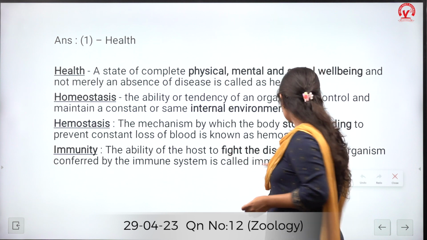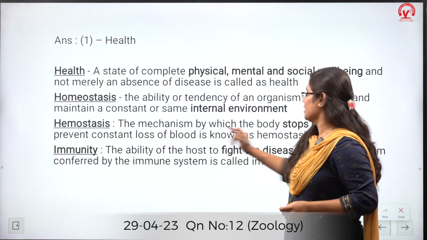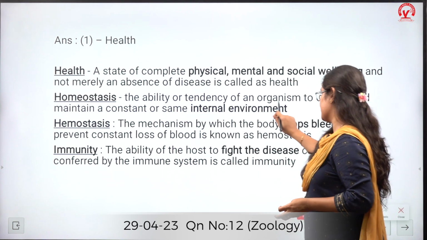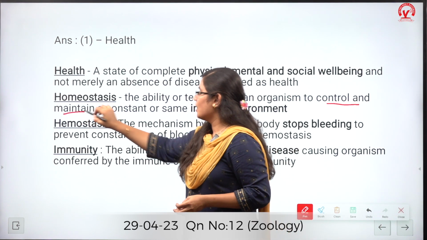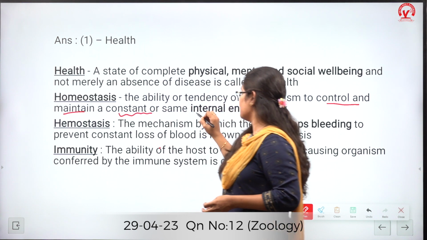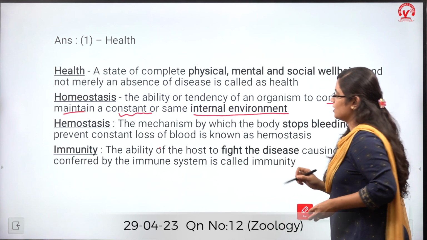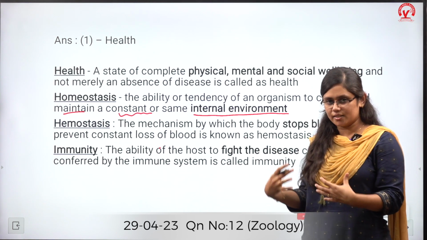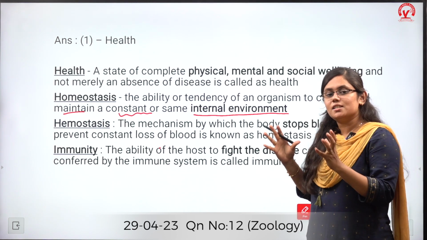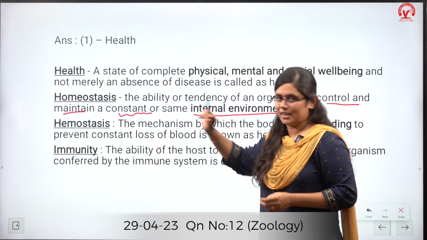So you can see, what is homeostasis? The ability or tendency of an organism to control and maintain a constant or same internal environment. So the keyword here is internal environment. The ability of the organism to maintain a constant internal environment is called homeostasis.